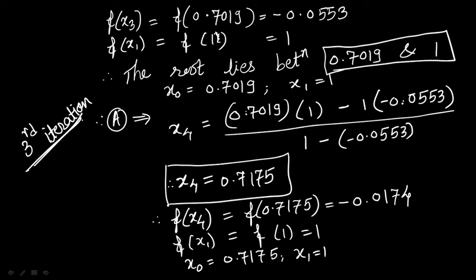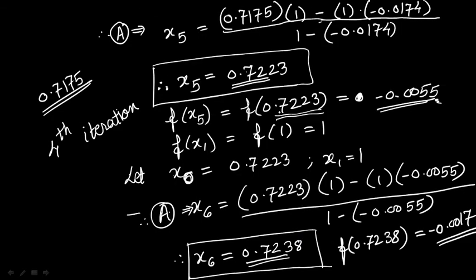Now the x4 value equal to 0.7175. Again we find these values. F of x4, this value is near to 0, then find out x5, then x6, continue this process.